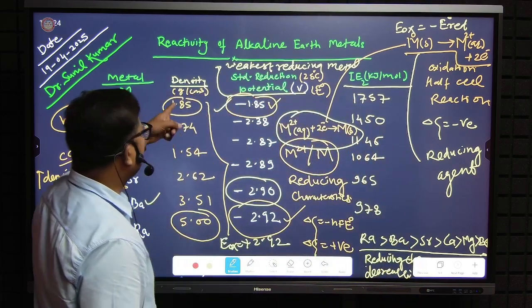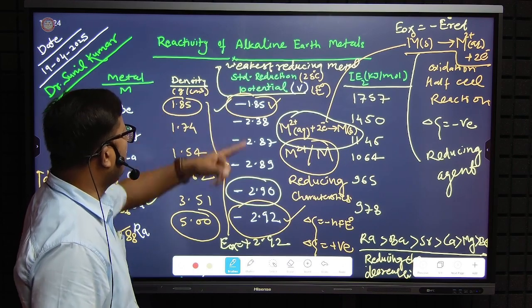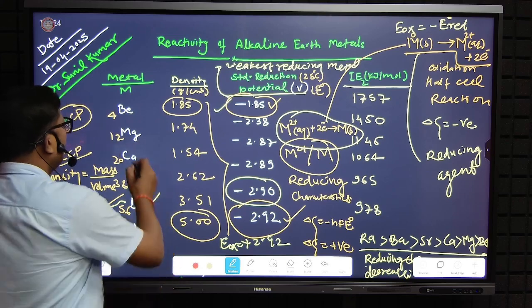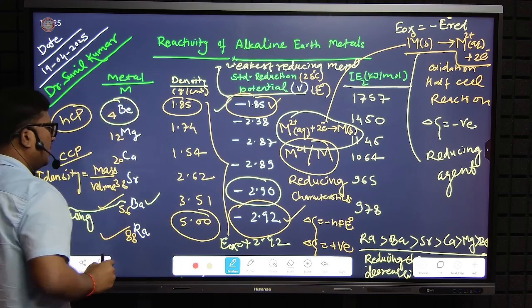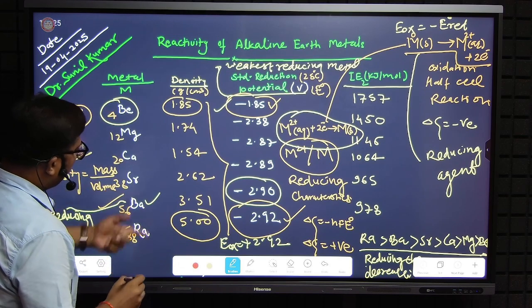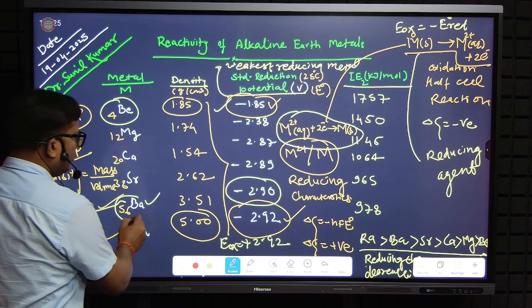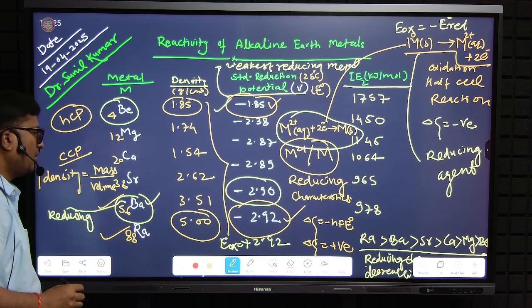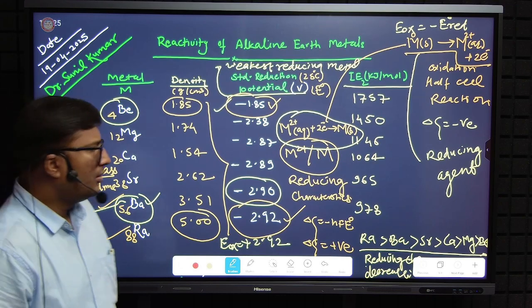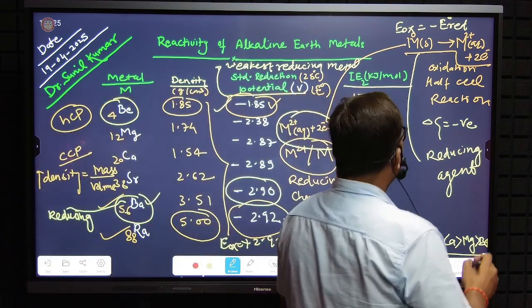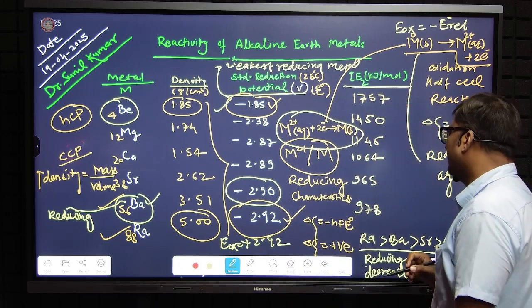So this is the least or weakest reducing metal in this particular alkaline earth metal group, and barium is the second largest reducing metal in that group. Now we come across second ionization energy.